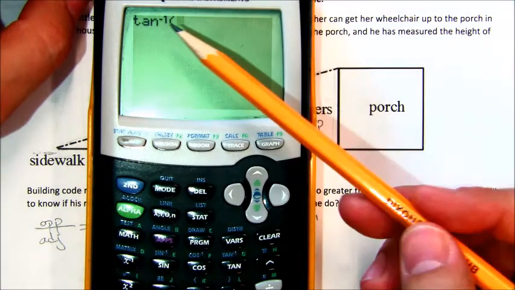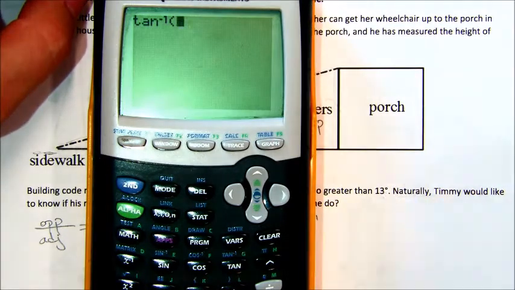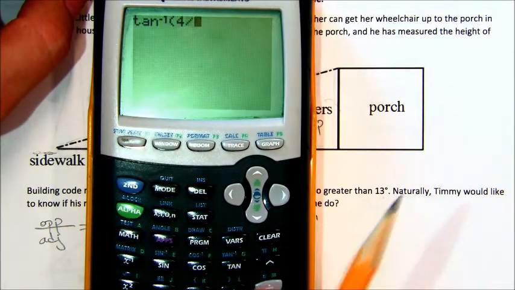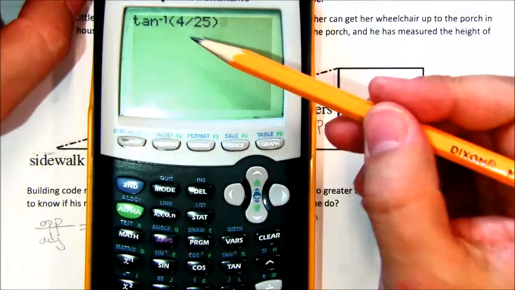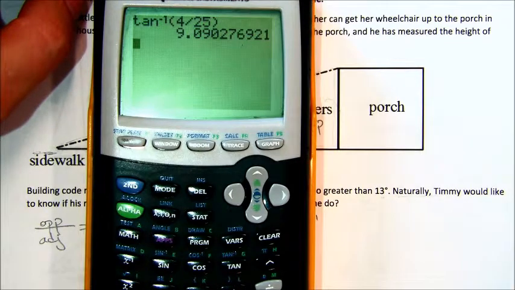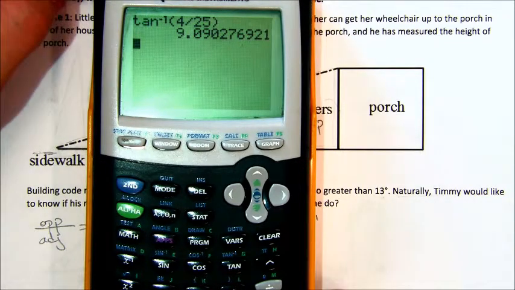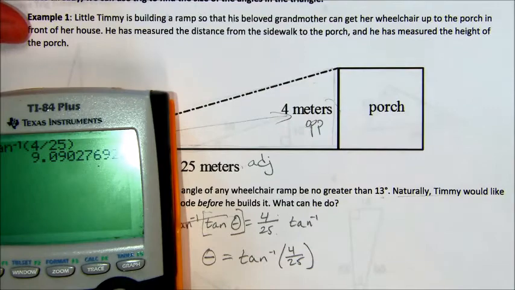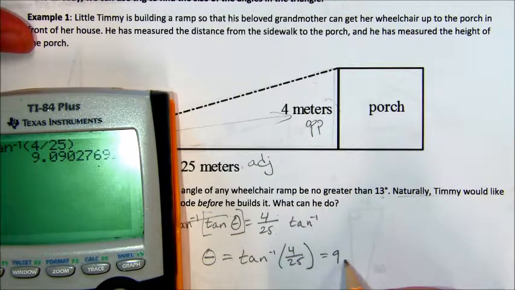Now you see in the screen I've got tan negative 1, just like I wrote on my paper. Then I'll put in 4 divided by 25. I'm putting the ratio in here, and it's going to give me the angle. Press enter, and I get 9.09 degrees. That's the angle measure.